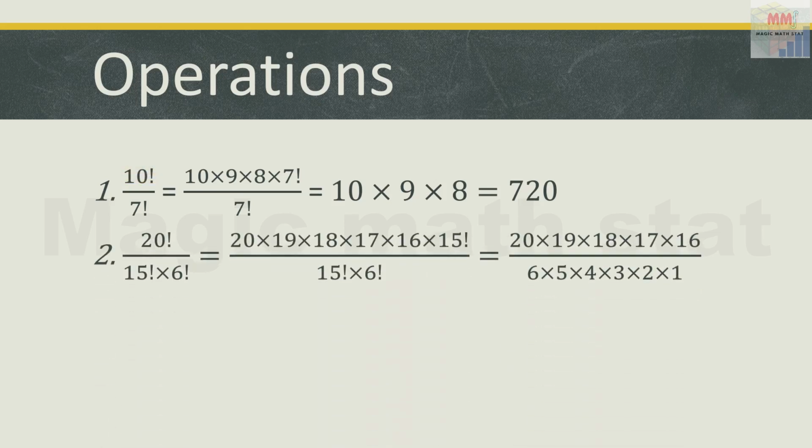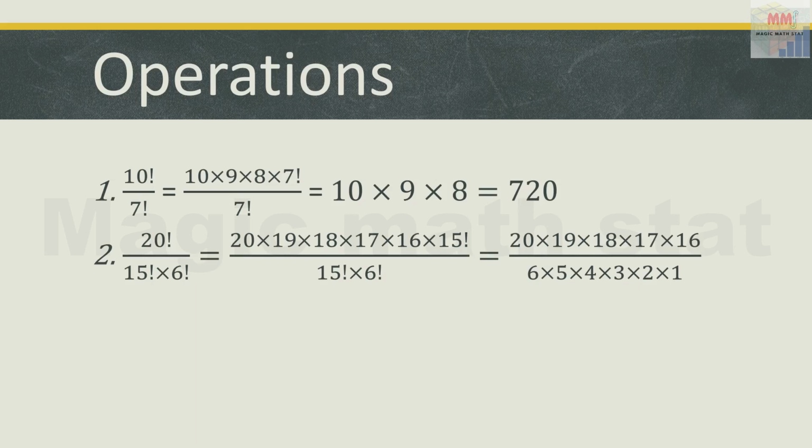Next one is a bit more complicated: 20 factorial divided by (15 factorial times 6 factorial). The biggest one here is 20 factorial, and in the denominator the biggest is 15 factorial. So we are going to divide 20 factorial by 15 factorial first, because 15 is closer to 20 than 6.